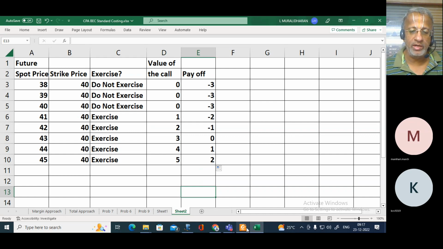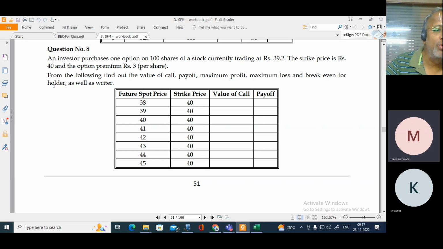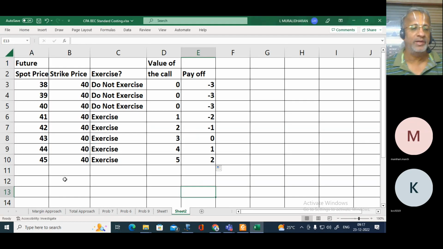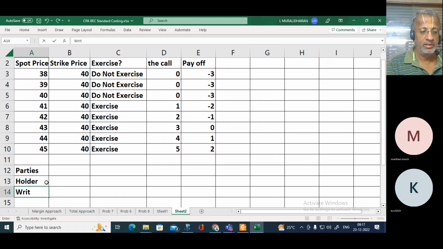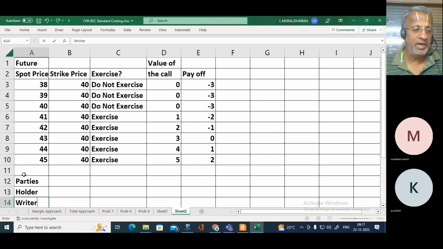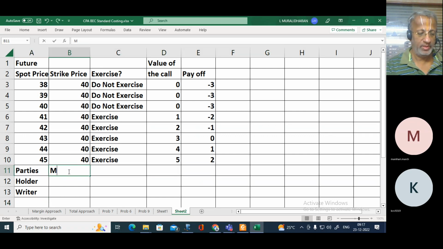So we have just got to understand what is the maximum profit. This is from whose point of view? Holder's point of view and writer's point of view. Parties are holder and writer. Maximum profit, maximum loss, break-even point.